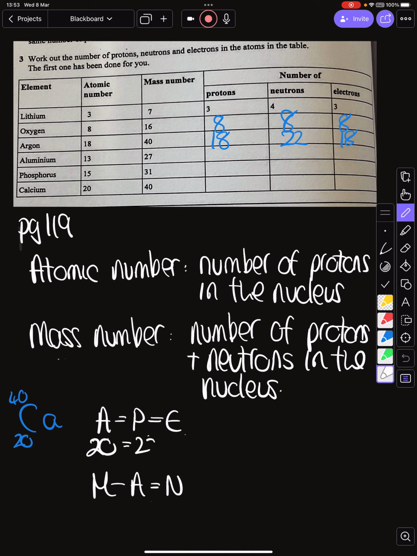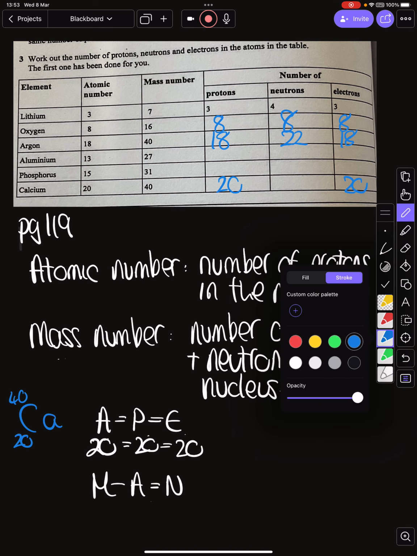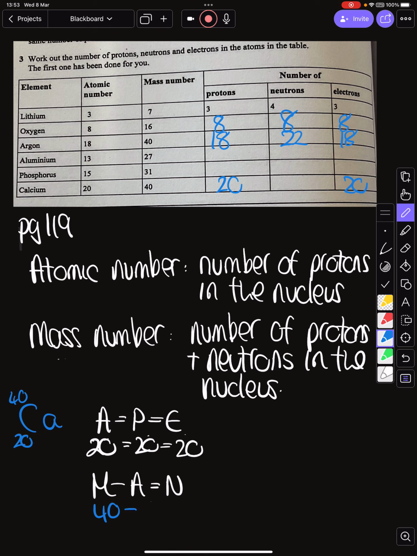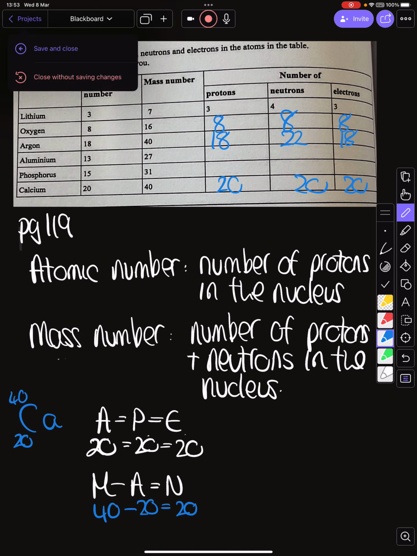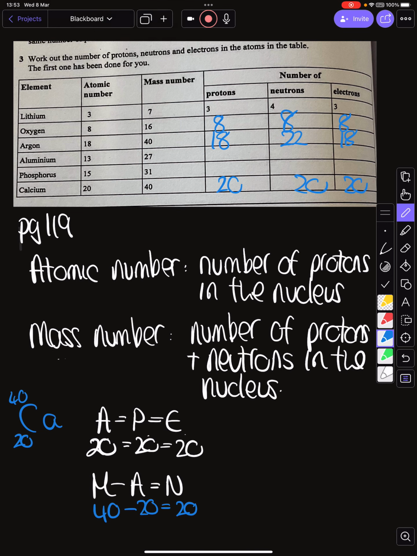It means I must have 20 protons and 20 electrons. And my MAN calculation, mass number of 40 minus 20 atomic number is equal to 20 neutrons. I fill in my 20 here. We're going to use that in a little while to finish what we're going to show you now.